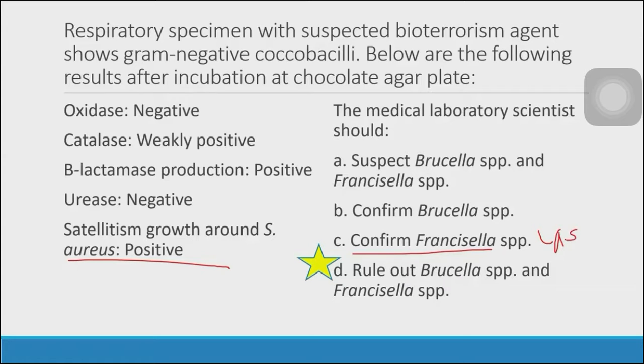So again, for LRN Sentinel Laboratories, you cannot confirm Francisella. So sino yung magko-confirm ng Francisella? Okay, mga LRN reference laboratory. So again, ito kapag suspected bioterrorism with biochemical test, usually yan mga LRN Sentinel laboratories.